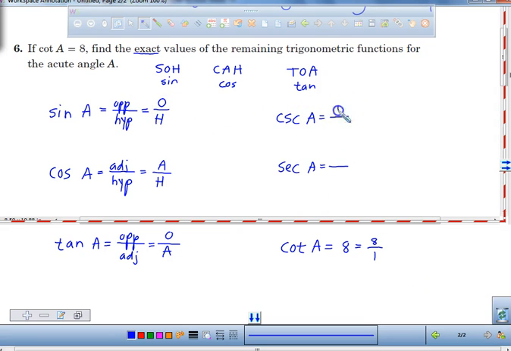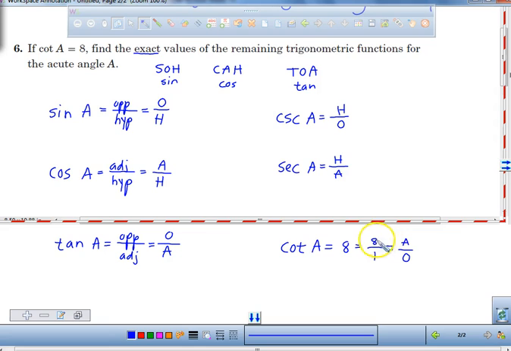So this would be H over O, H over A. And this one is equal to A over O, which means the adjacent side over the opposite side. Okay? So if you like doing the 3 abbreviation, that's fine. If you just want to do the capital letters, you can do that as well. Just find what works for you.